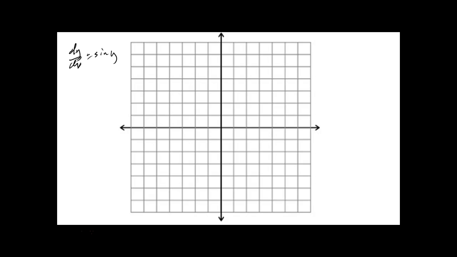It has an infinite number of critical points because n pi is a critical point. So obviously your x-axis is a critical point because your slope there is always 0.